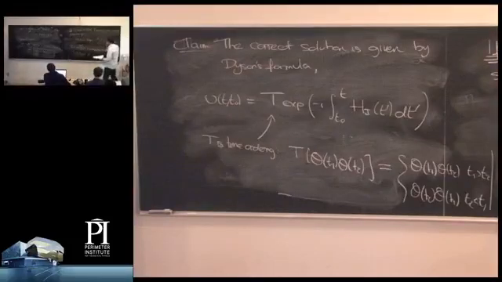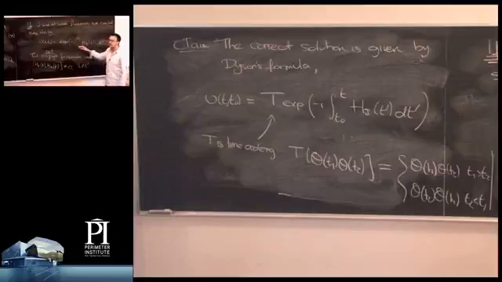Okay, I guess there's something else I should tell you. If this was a matrix or an operator, what would it even mean to exponentiate a matrix? Well, such things are always defined in terms of the Taylor expansion. So what this really means is that it's 1 minus i times this plus a half this squared plus 1 over 3 factorial, this, and so on.